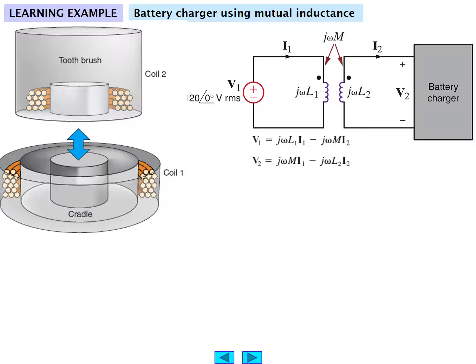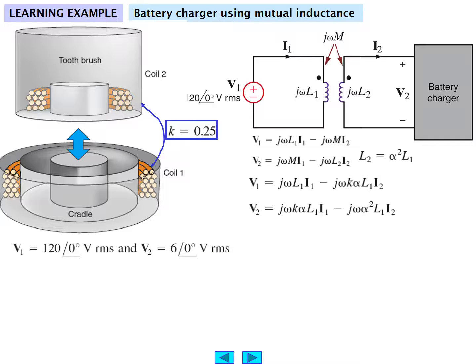V1, as we know from this chapter, would be j omega L1 I1 minus j omega M I2. Look at the dot notation for that, and we find V2 is j omega M I1 minus j omega L2 I2 because of the dot notation. We also know that L2 is equal to alpha squared L1.